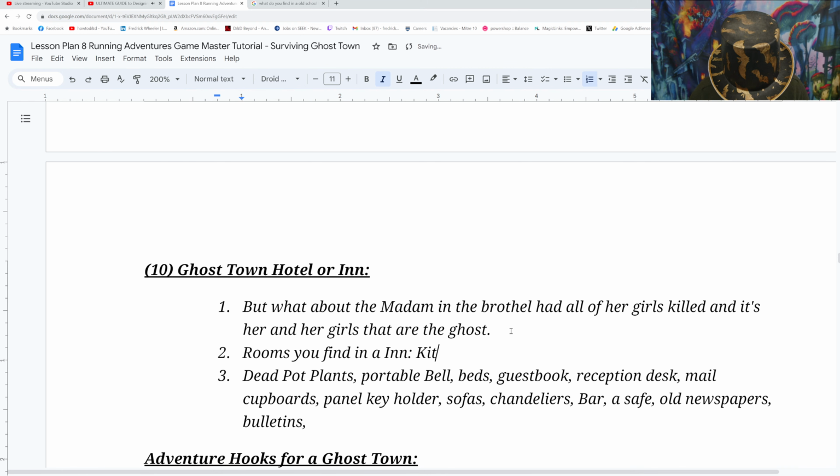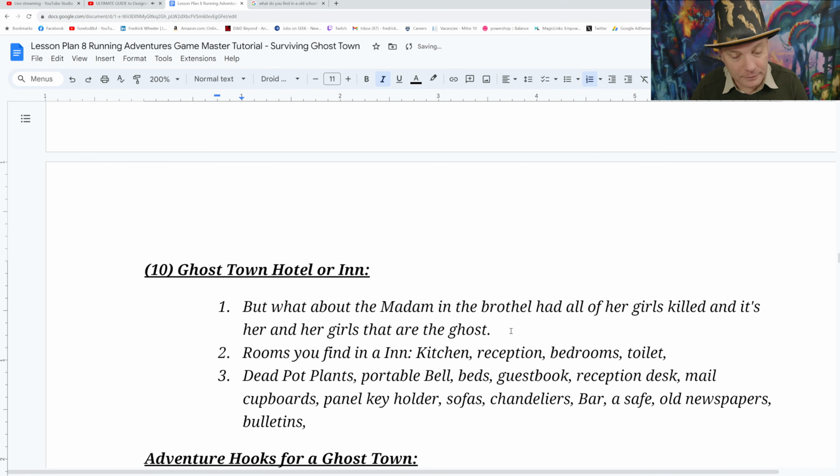So kitchen, a reception, bedrooms, I guess toilet, possibly, maybe not. Let's take the toilet out. Actually, let's put the toilet. It's the bowl in the corner of the room.